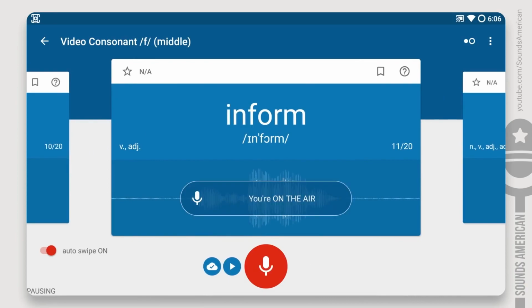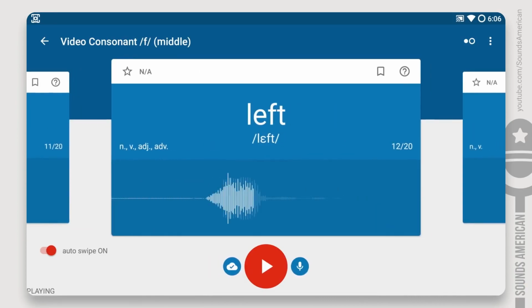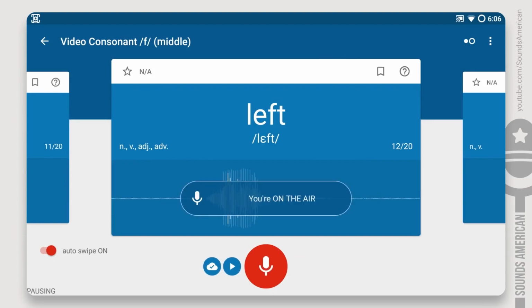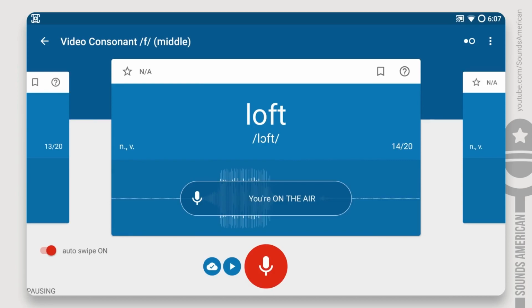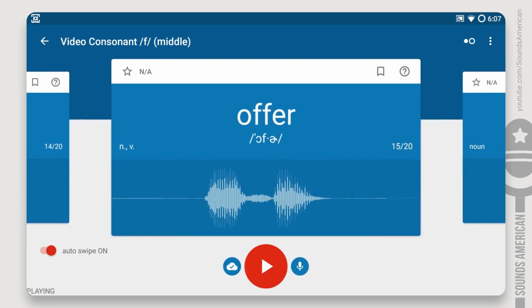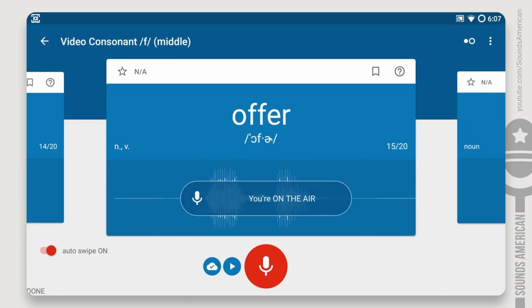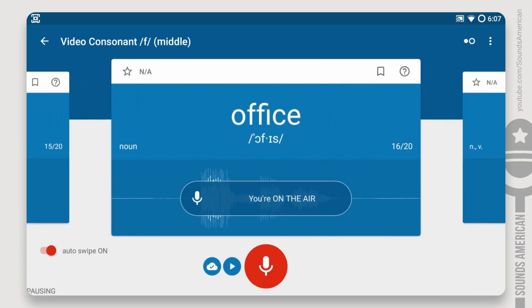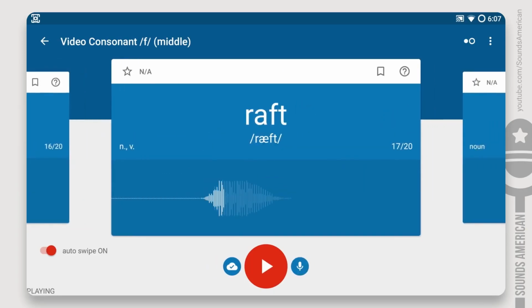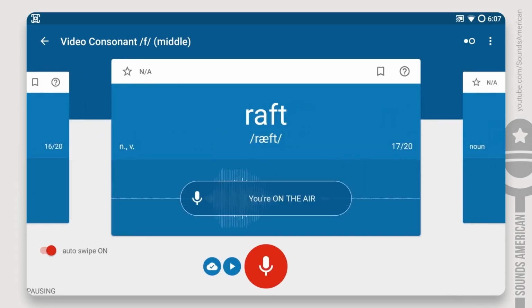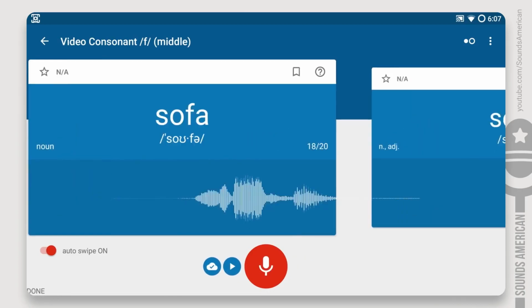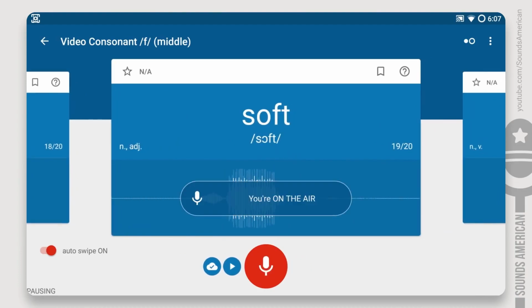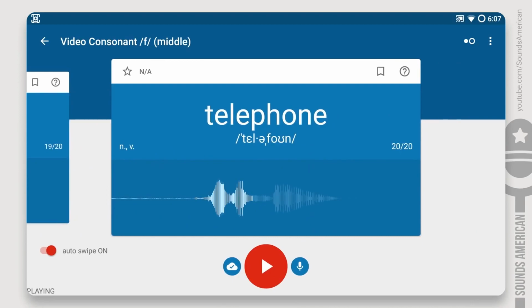Inform. Left. Lift. Loft. Offer. Office. Raft. Sofa. Soft. Telephone.